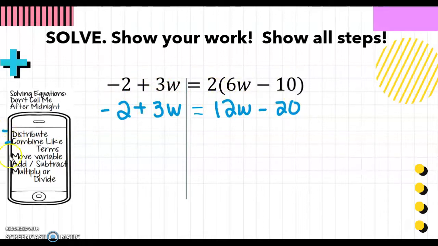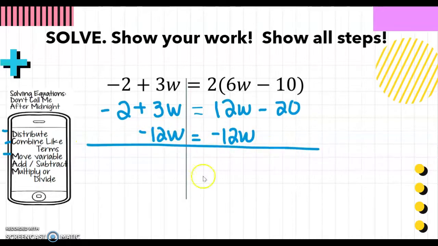The next step is to move the variable term. I'm going to move this 12w to the other side. And then after that, I'm going to move this constant to the other side. So I get all the constants on one side, all the variable terms on one side. So I'm going to do negative 12w on each side. When I do that, I bring down this negative 2.